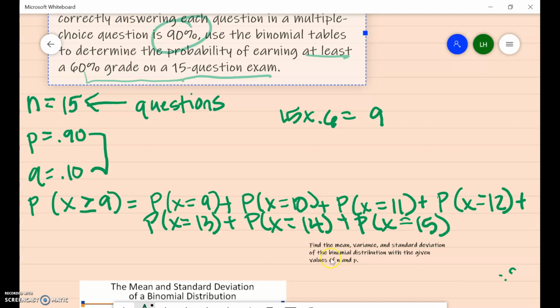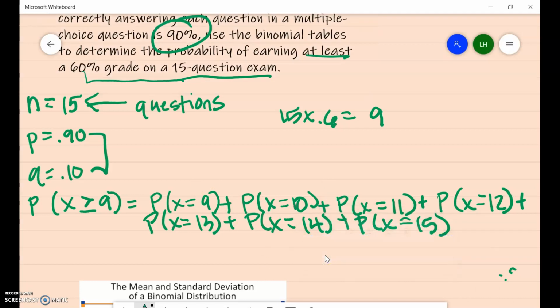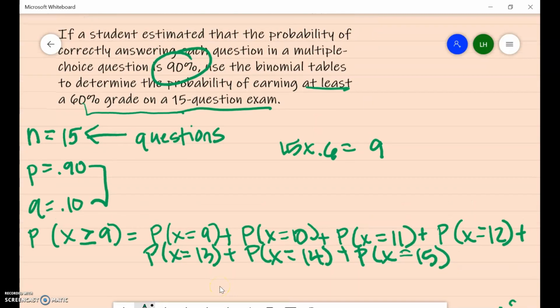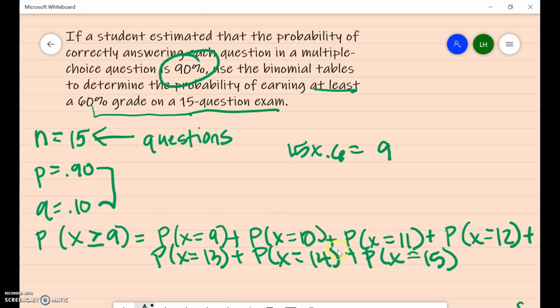So we have to add all of these up, and we definitely don't want to have to work the formula that many times. So we're going to use the table and find these values, and you're going to add those up.